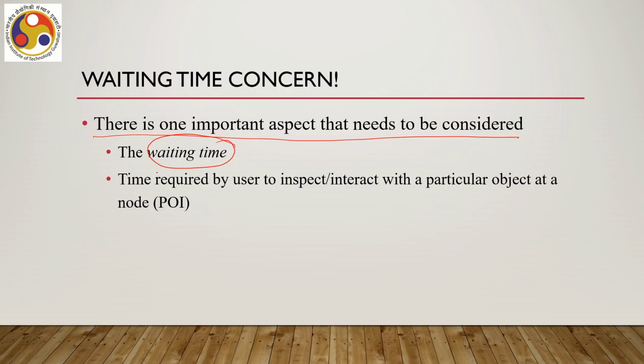So, this waiting time is also a concern when we are trying to figure out a path maximizing the total importance. This waiting time is essentially the time required by the user to inspect or interact with a particular object at a node, that is the point of interest.